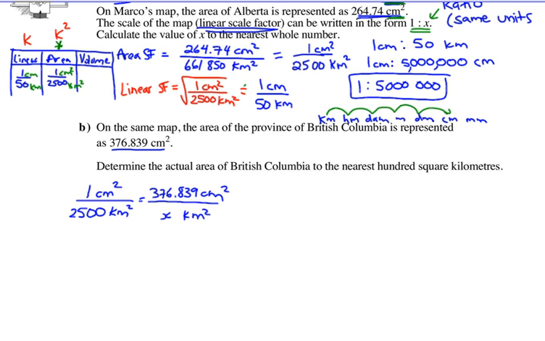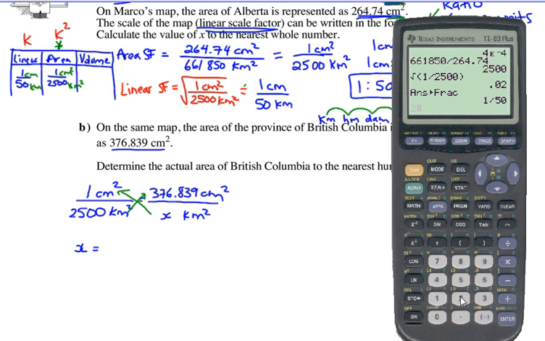That's a really easy way to set it up. This way you won't mix up whether to multiply by 2,500 or 1 over 2,500. You can see your units match up, and then we just cross multiply. So 1 times x is x, and then 2,500 times the 376.839. And notice we had to use our area scale factor because our units are area.